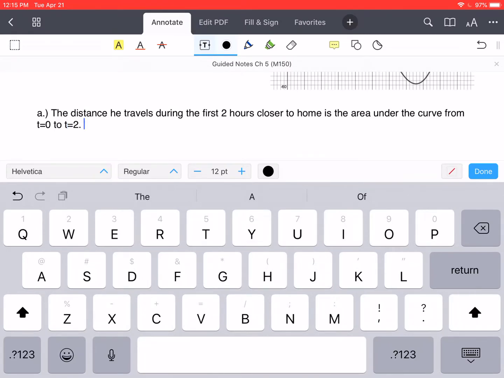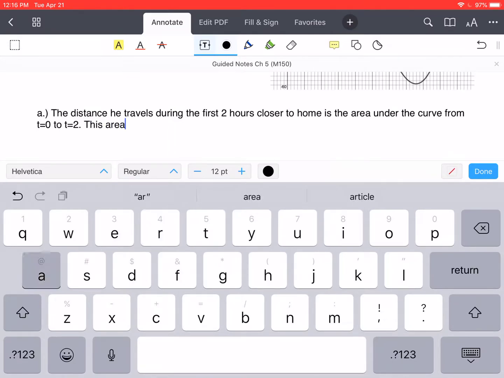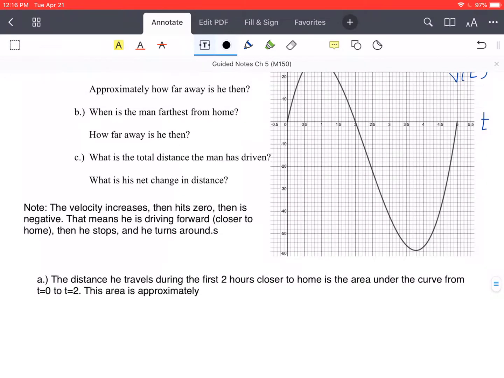All right, so we're going to need to approximate this area. We'll come back to that in a second.